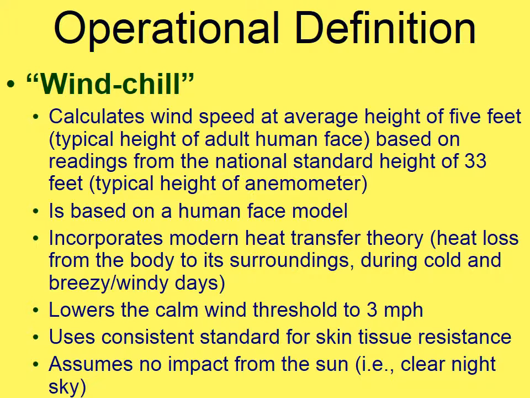So how heat is lost from the body to its surroundings on cold days, and then on cold days that are also windy. Obviously, you lose heat faster on a windy day. And so on and so on. There are very particularized ways that they measure this.